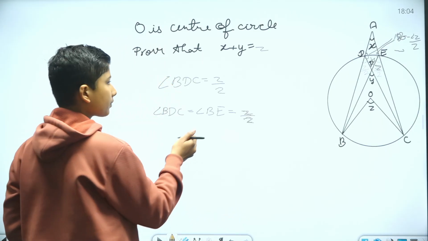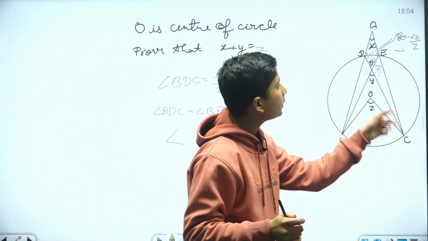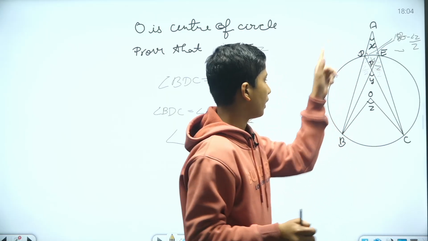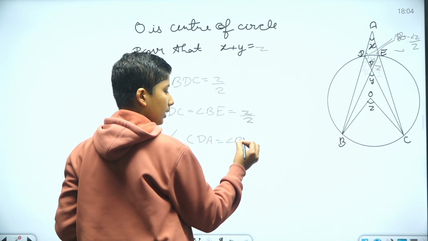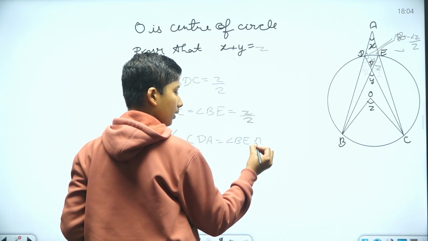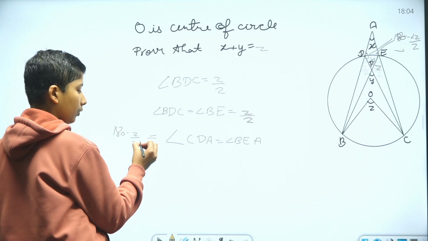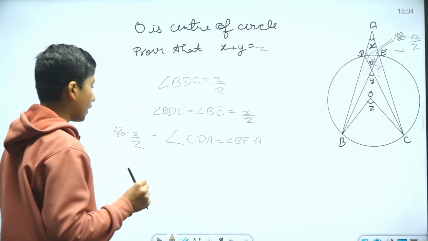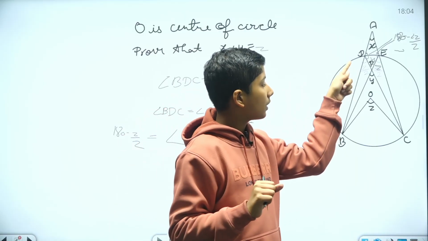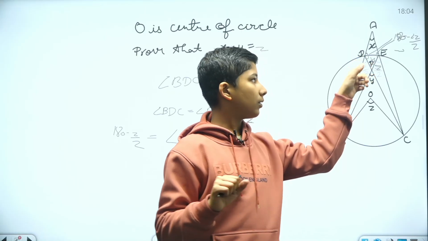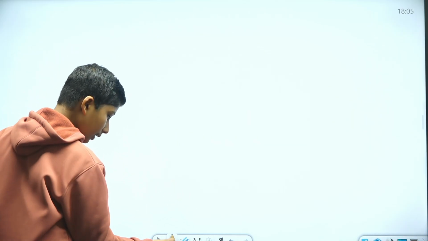You will write angle CDA equal to angle BEA equal to 180 minus z by 2. Okay. Now we will do, this is y, this is x, this is 180 minus z by 2 and this also.